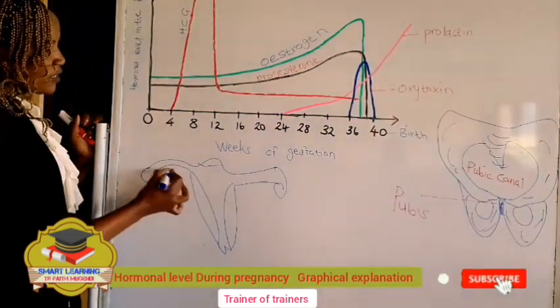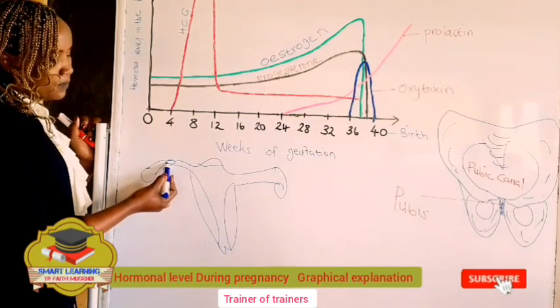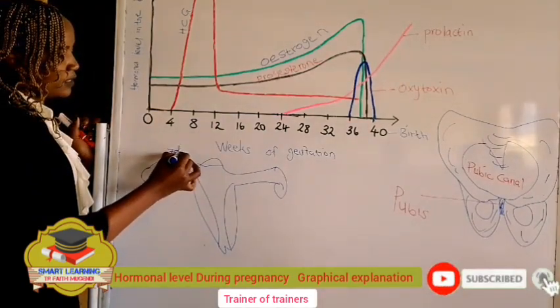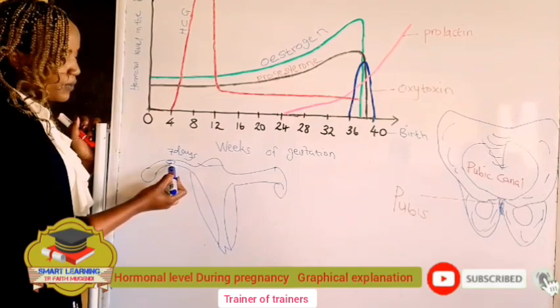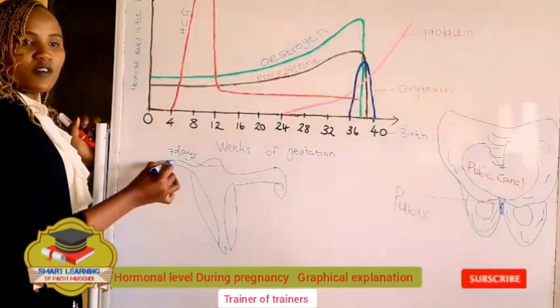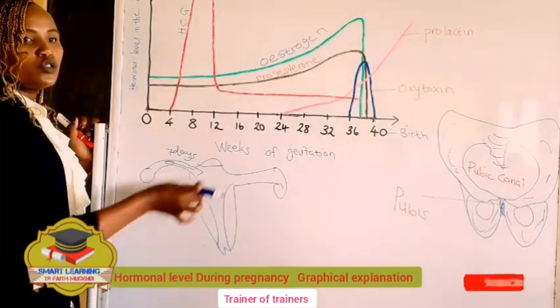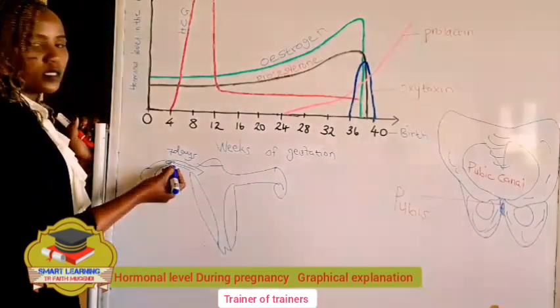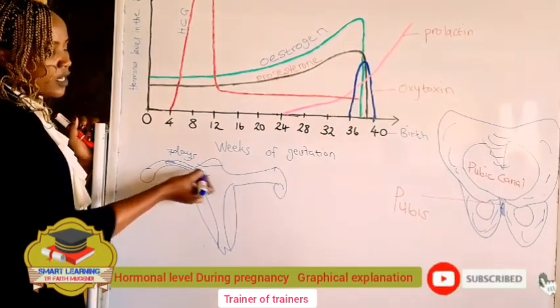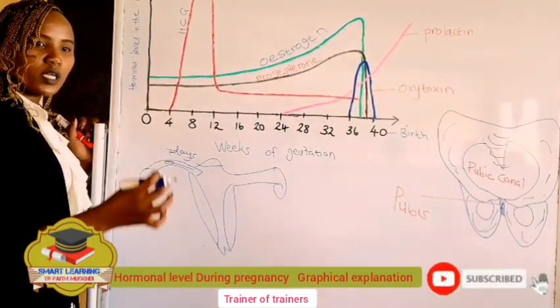Fertilization occurs in the oviduct. Then after 7 days, the fertilized zygote must move to the uterus for implantation. By the time this fertilized egg reaches the uterus, it has formed a chorionic membrane.